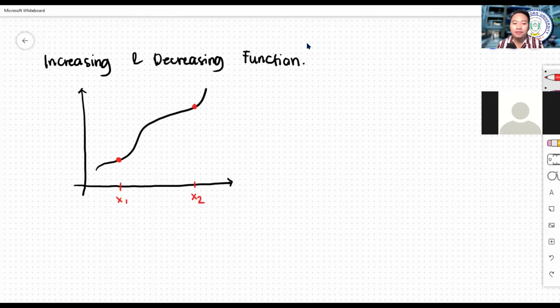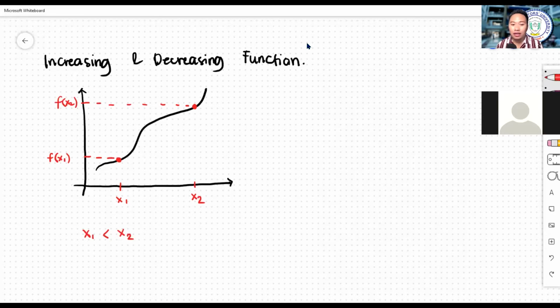It follows that the y counterpart of that point is f of x sub 1, and this one as well is f of x sub 2. So by just looking at the illustration, guys, we can say that this function is increasing if x sub 1 is, sorry, my bad, if x sub 1 is less than x sub 2.